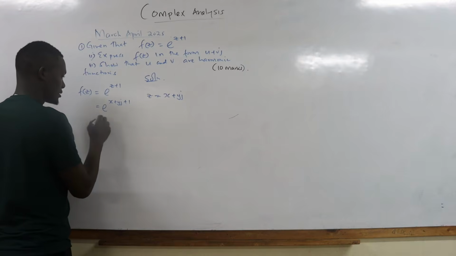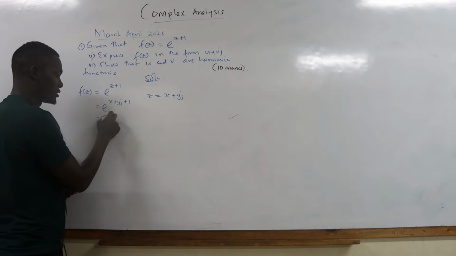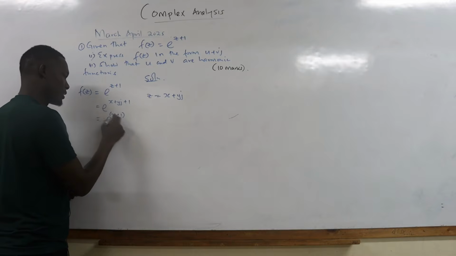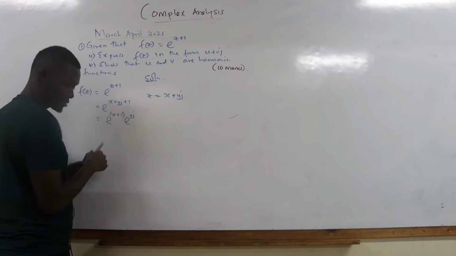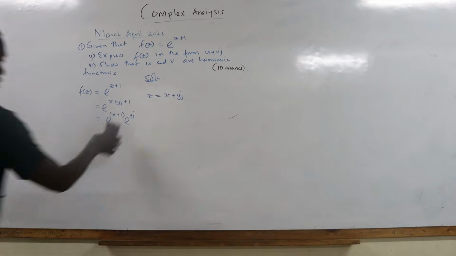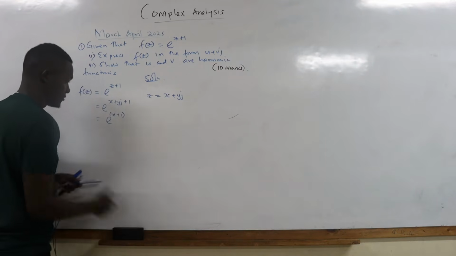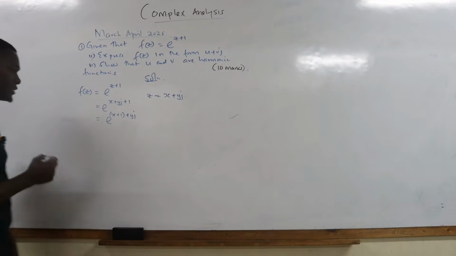So this one is the same as saying exponent x plus 1, those ones are real, then we have exponent yj.